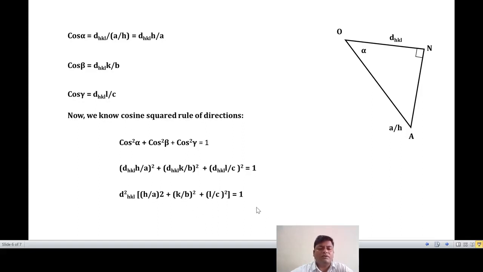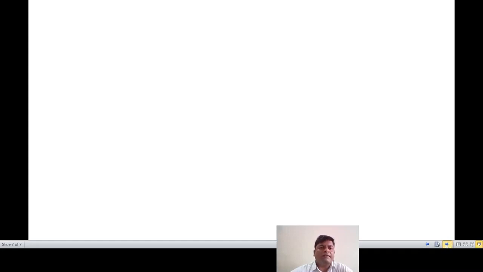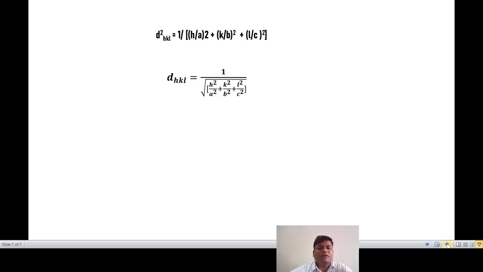When it goes to the right side, it will go to the denominator. So we get d square hkl is equal to 1 upon (h upon a) whole square plus (k upon b) whole square plus (l upon c) whole square. So basically we can denote this relation as d_hkl is equal to 1 upon under square root h square upon a square plus k square upon b square plus l square upon c square.